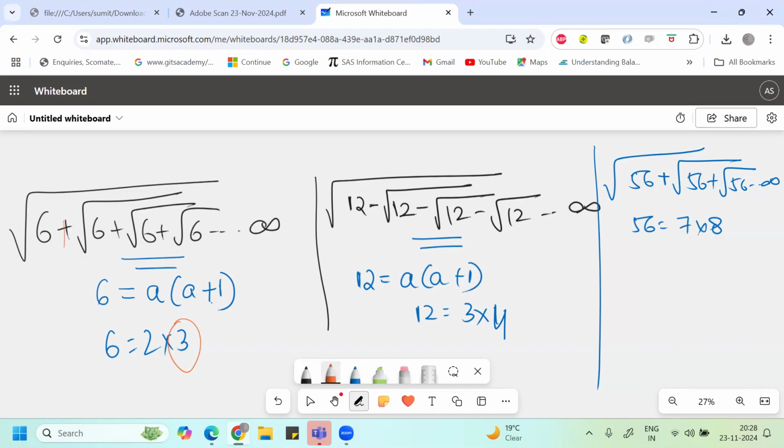If the minus sign is there, then your answer would be the smaller number. So if the value is a into a plus 1 and the sign is plus, your answer would be a plus 1. And if the sign is minus, your answer would be a.